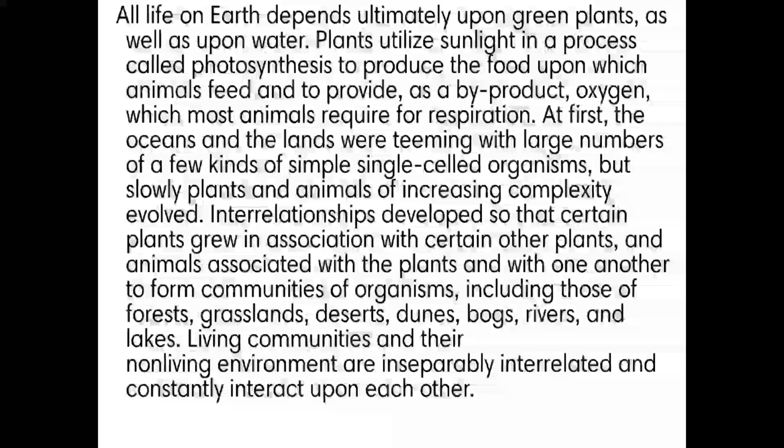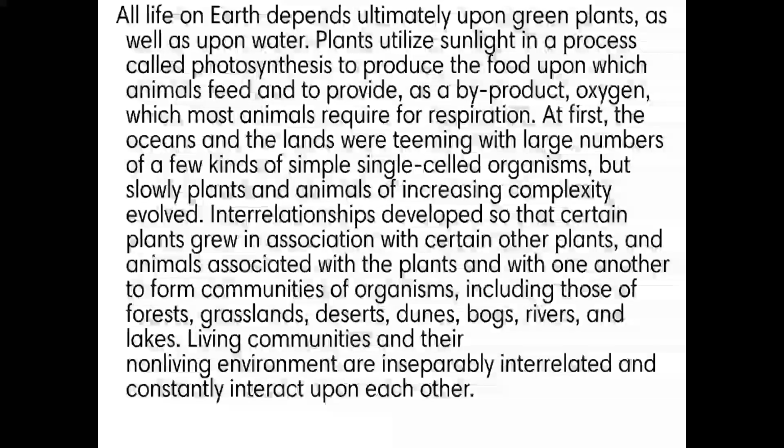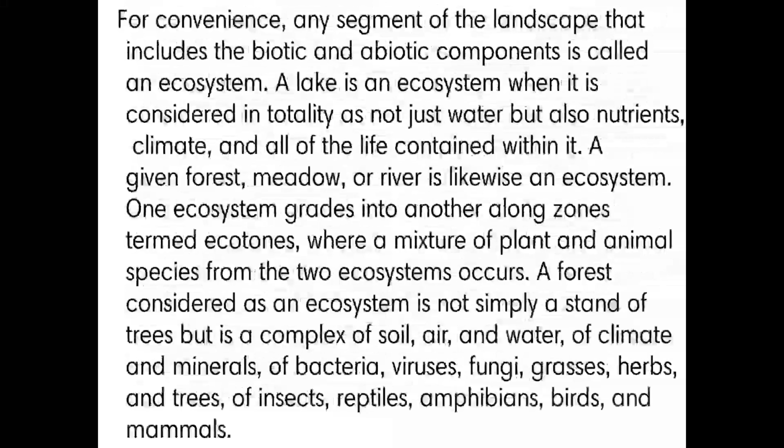Interrelationships developed so that certain plants grew in association with certain other plants, and animals associated with the plants and with one another to form communities of organisms, including those of forest, grasslands, deserts, dunes, bogs, rivers, and lakes. Living communities and their non-living environment are inseparably interrelated and constantly interact upon each other.